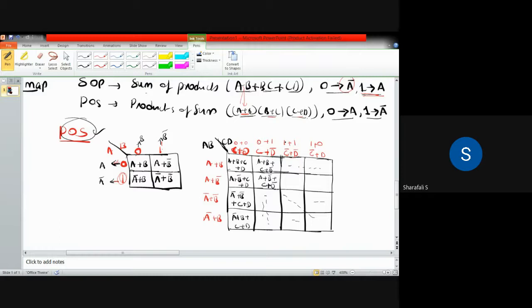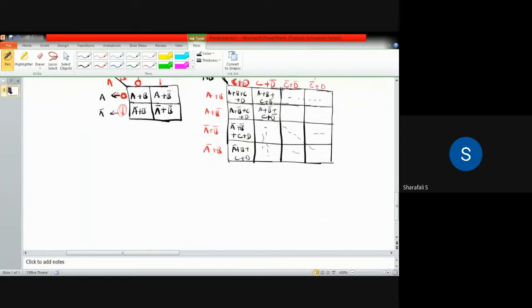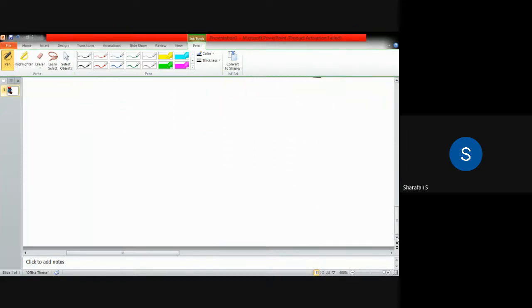Now we will discuss how we'll represent this K-map. That is the representation of K-map.